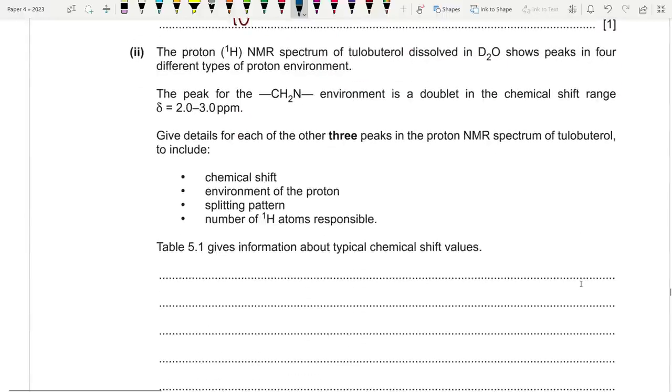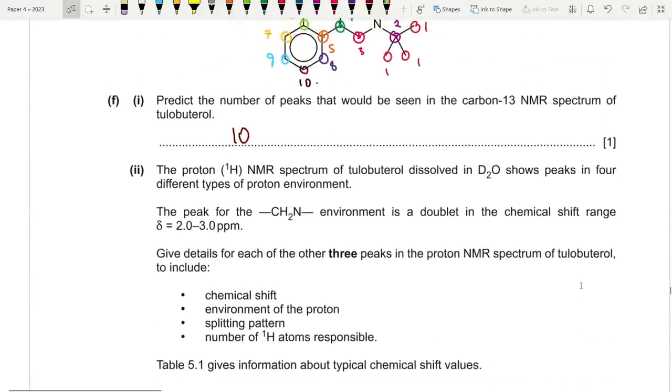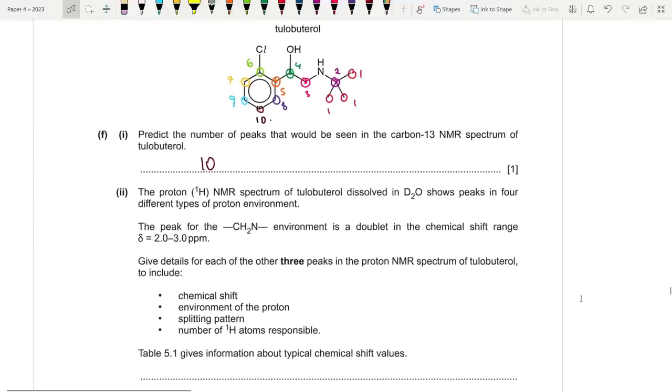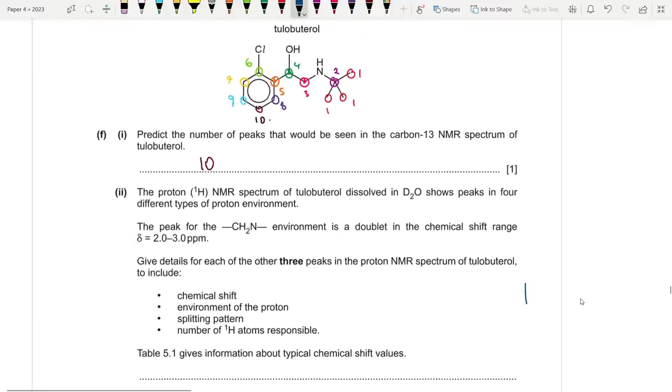The proton NMR of tolubutyl dissolved in D2O shows peaks in 4 different types of proton environments. Okay, so let's do this. Tolubutyl. How many proton environments does it have?